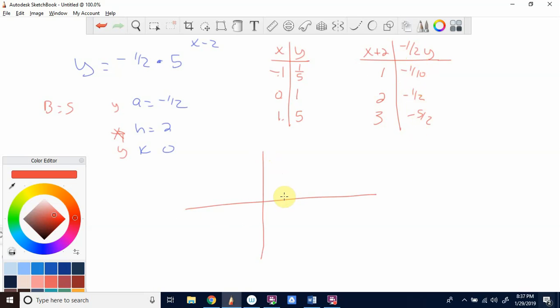That's our new graph. So we're going to go, x is going to be 1, 2, 3, and y's are going to be 1, 2, because this is 2.5, 3. Okay, so 1, comma, negative 1/10.